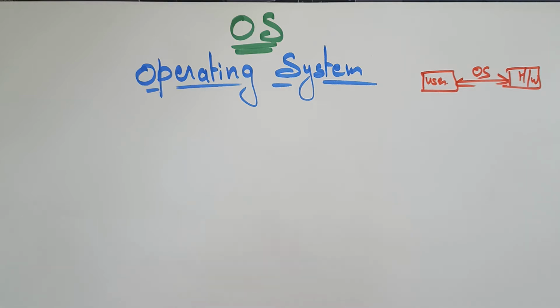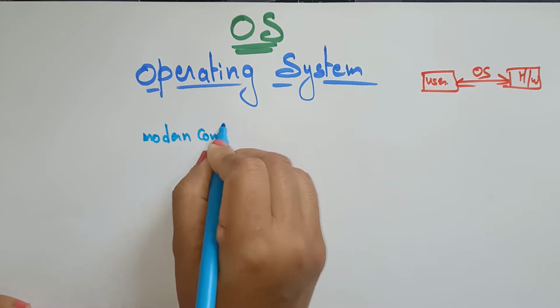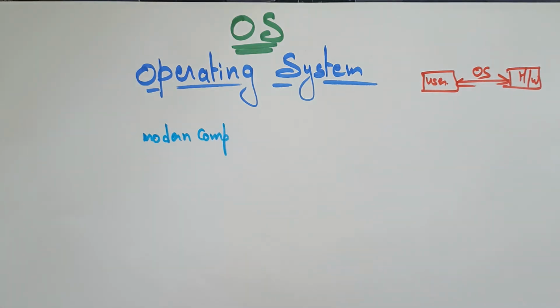But before going to the definition, let's get clarity on the concept of an operating system. Let's take a modern computer. Whatever computers you are using nowadays, we call them modern computers. What does a modern computer consist of?